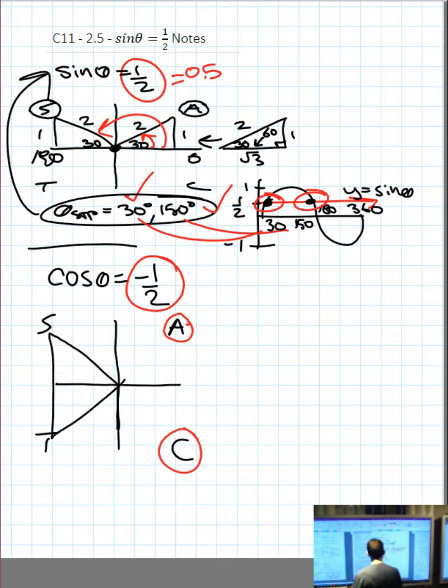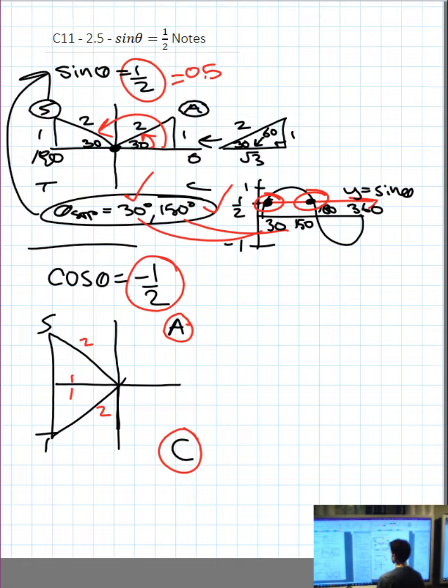In the S and the T quadrant, cos is negative in both of those. But now we're working with cosine, and from grade 10 we learned SOHCAHTOA, where cosine is equal to adjacent over hypotenuse. So we can label the diagram with an adjacent of 1 and a hypotenuse of 2. If you want to call those ones negative, do it.